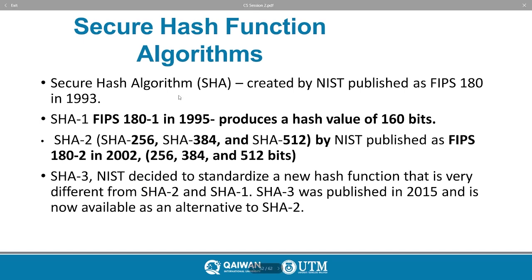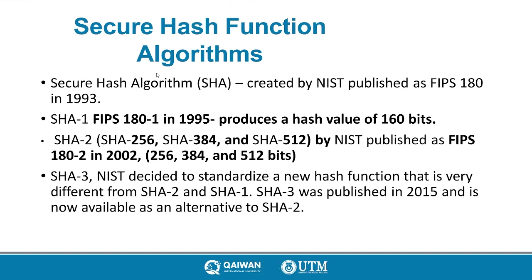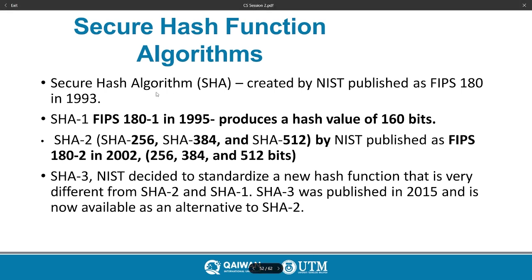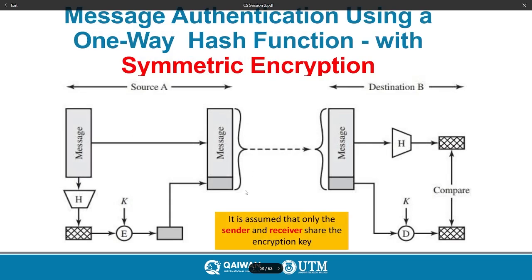Now, secure hash algorithms. Let's look at a bit of history of SHA, the secure hash function created by NIST. SHA-1, FIPS published in 1994, produced a hash value of 160 bits. SHA-2, as we explained in the previous class. What does it mean?